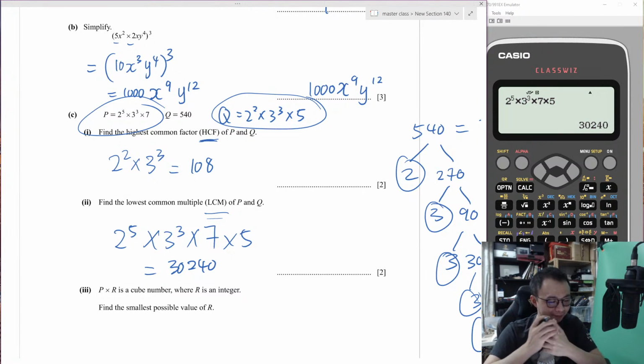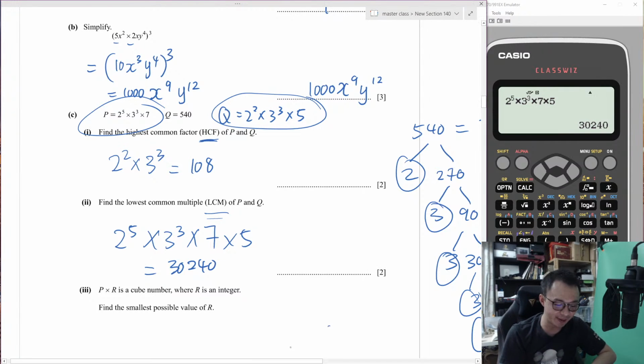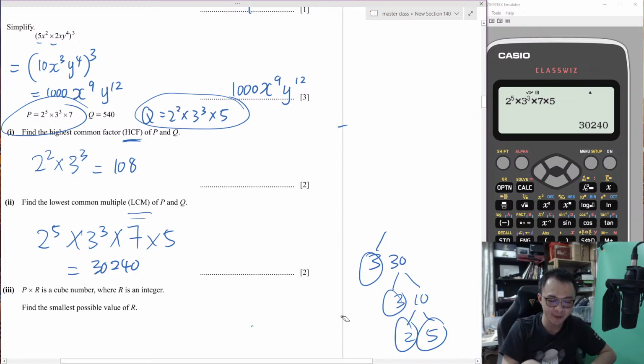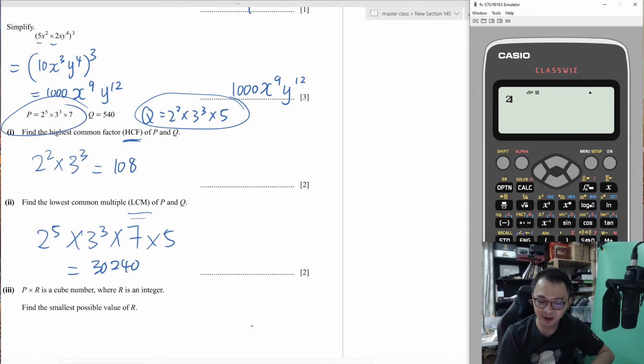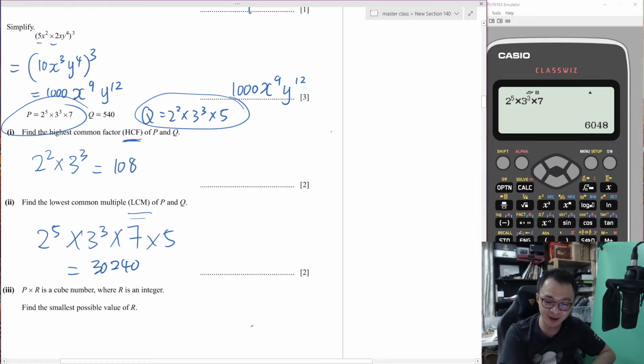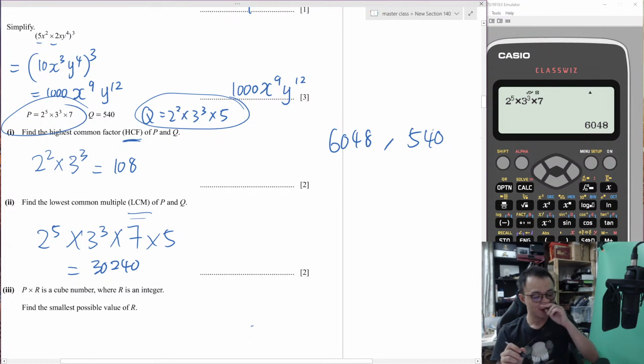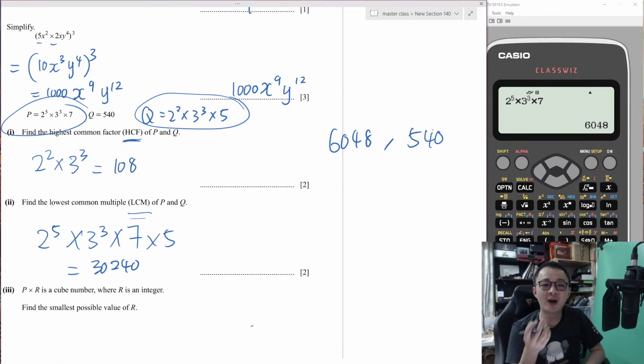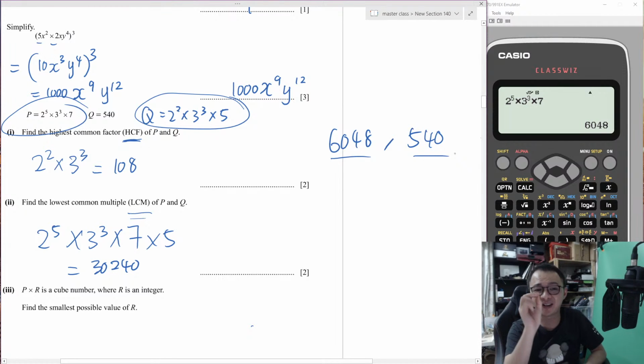Alright, so here maybe I explain highest common factor and lowest common multiple a little bit more. I have 2 power of 5 times 3 power of 3 times 7. So this number is 6048, and another number is 540. The HCF basically means I want to find the factor that both of them can divide, and the factor must be the highest.